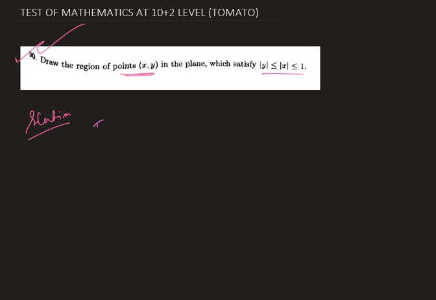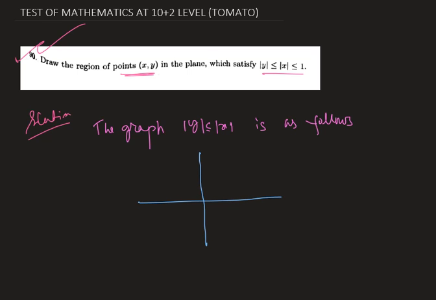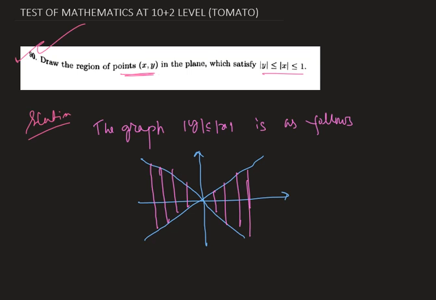The graph of |y| ≤ |x| is as follows. So this is the required curve.